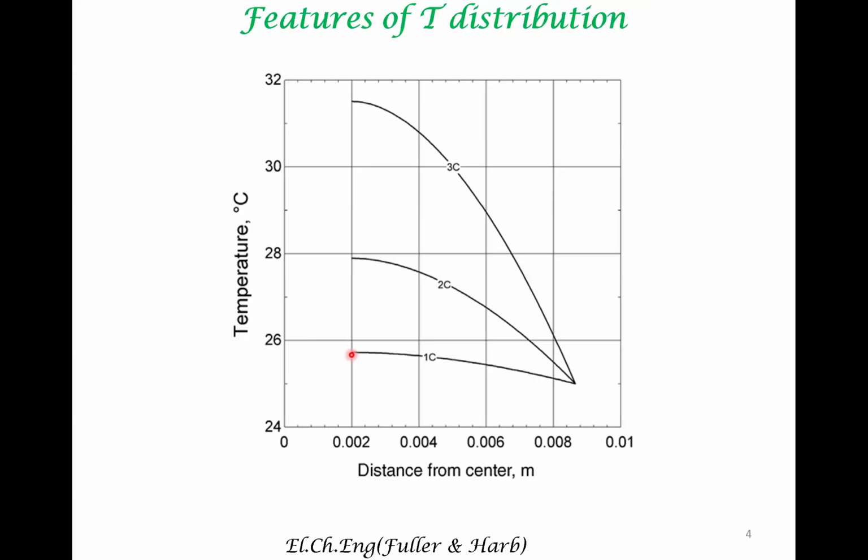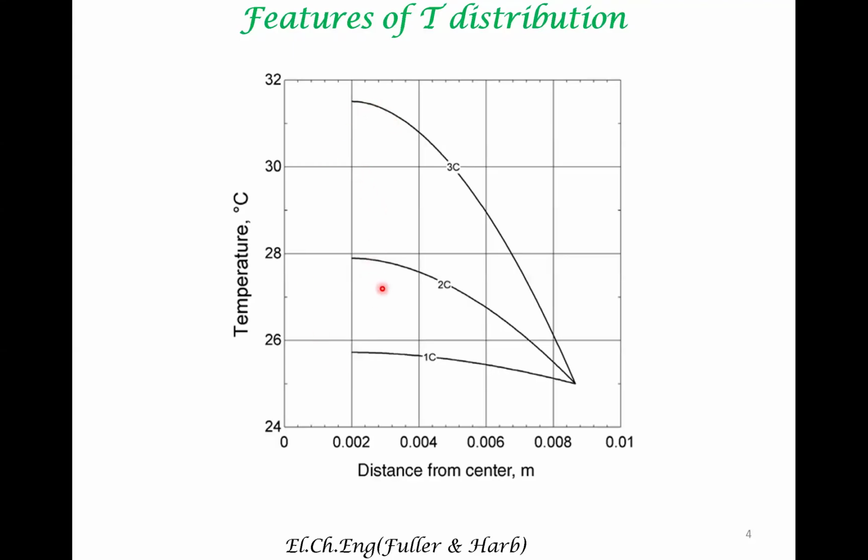So there is a temperature drop as you get to the outside of the battery. So as the discharge rate increases, the temperature inside the battery also increases. Not only inside the battery, the overall temperature increases as you discharge the battery at a greater discharge rate. So this is the critical thing. You do not want very high temperature inside the battery because that may lead to fire and so on.